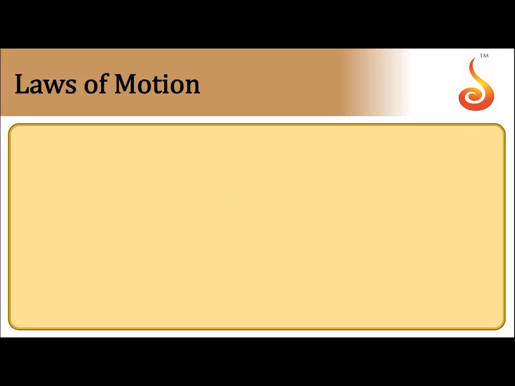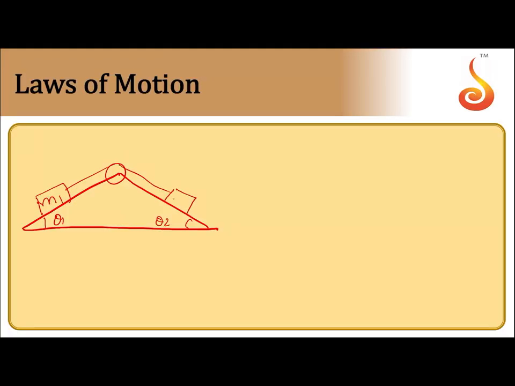One more example. We have this setup, see. This is say theta 1, this is theta 2, and we have a block of mass m1 and another block of mass m2. Assume that it accelerates in this direction. Then you can write the forces, right? Both the blocks experience friction in this case.